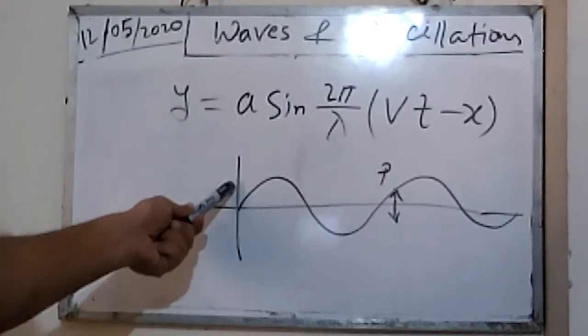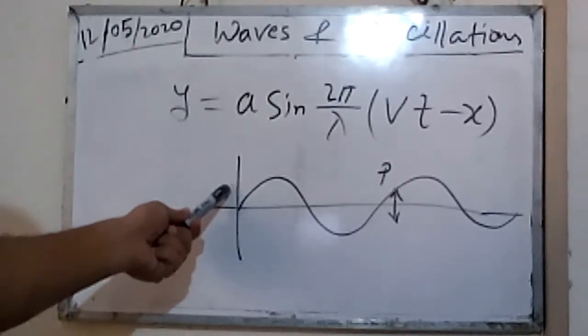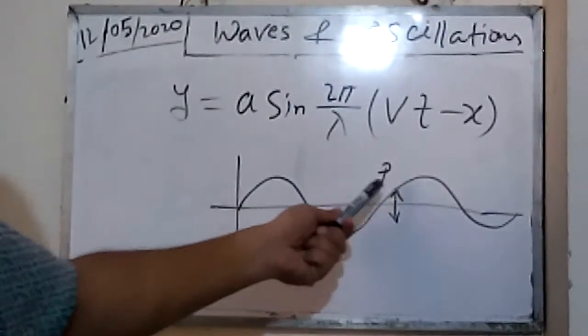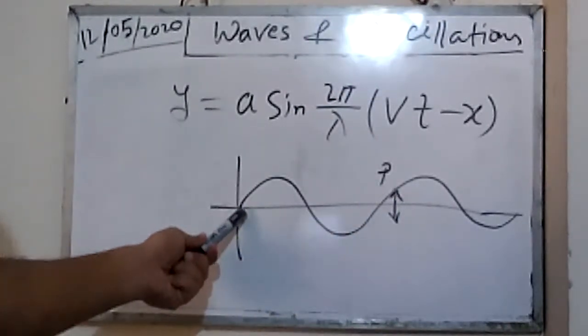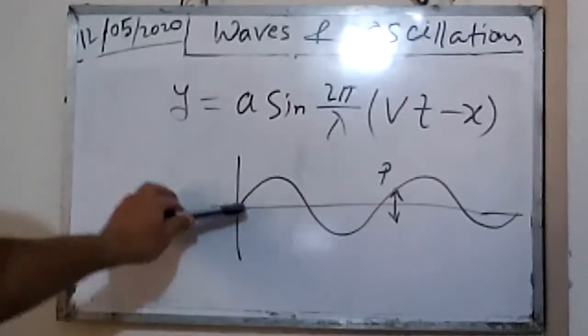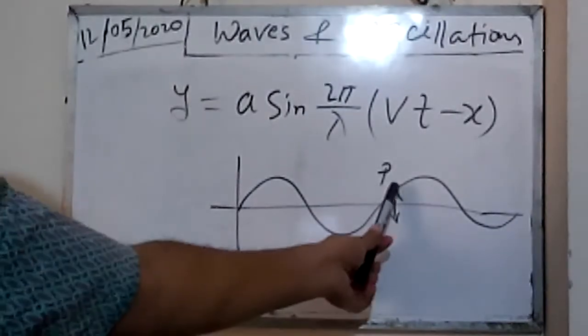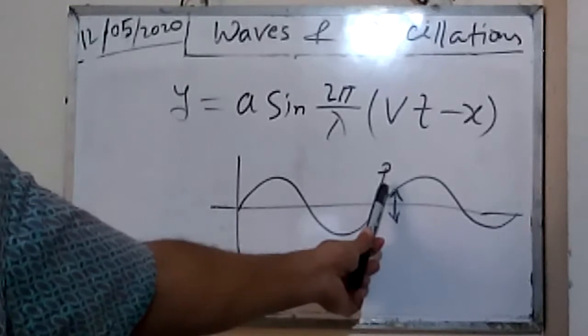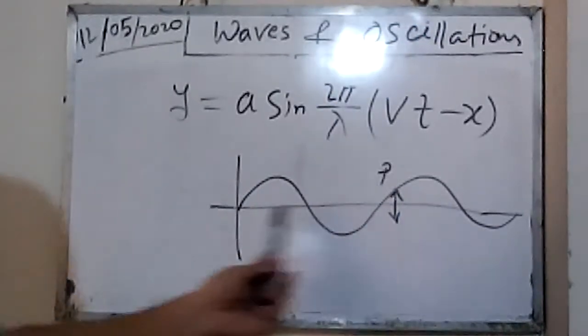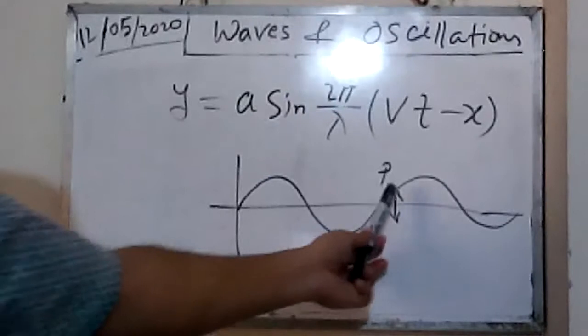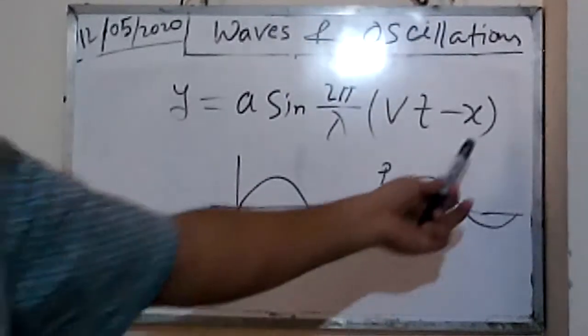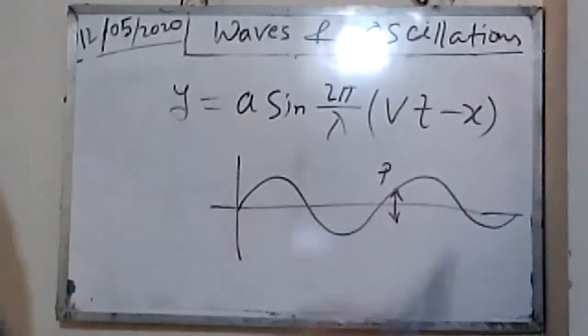This is the first particle of the wave, where the wave begins to run, and this is our desired particle. The distance between these 2 points is the distance x.